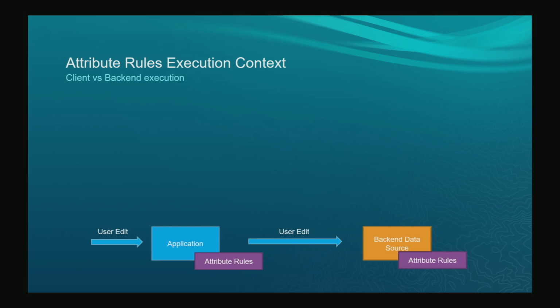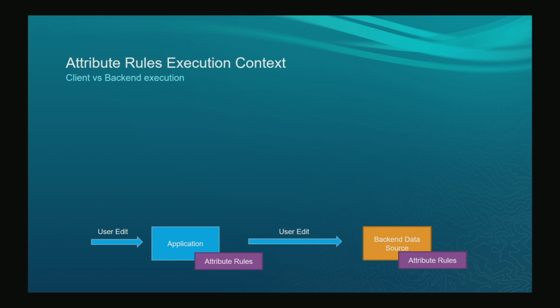Optionally, the attribute rules can be downloaded to the application, if the application knows how to deal with them. And the rules will be executed on that user edit in the application. We still didn't even reach the service. We didn't even send the apply edit. We're all local.